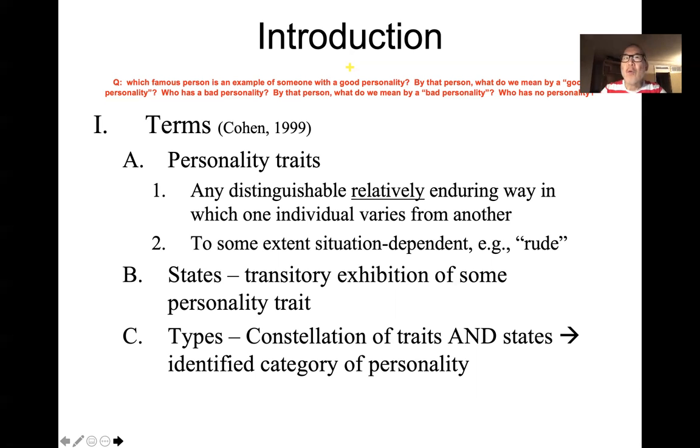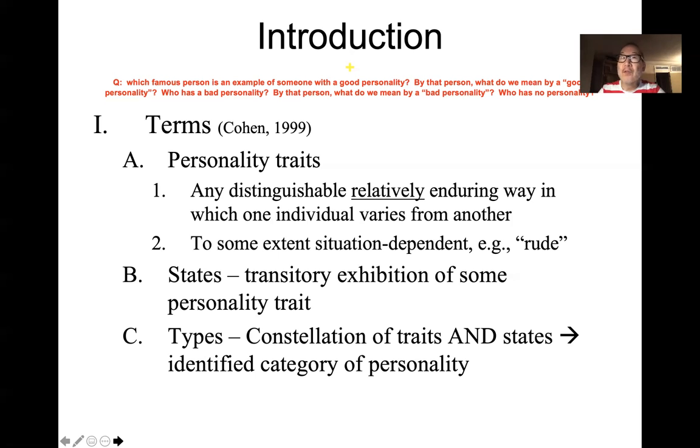But rude people aren't going to be demonstrating their rudeness most of the time with most people. It's hard to imagine how they would survive in society if they did that. But you can say that there's this trait, it's just maybe more situation dependent. Whereas something like extroversion, introversion isn't so dependent on the situation. It might vary, as in the example I just mentioned, but for the most part is relatively pervasive.